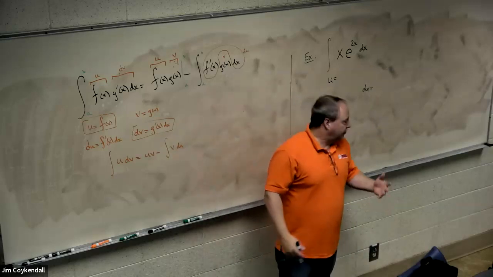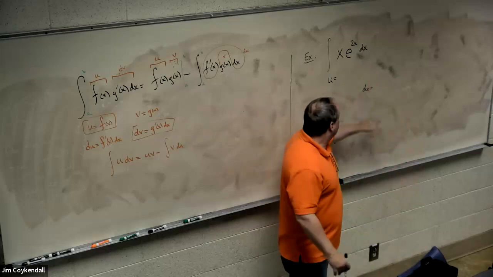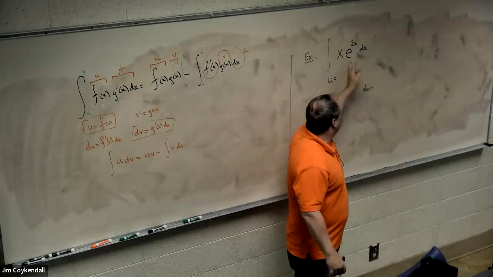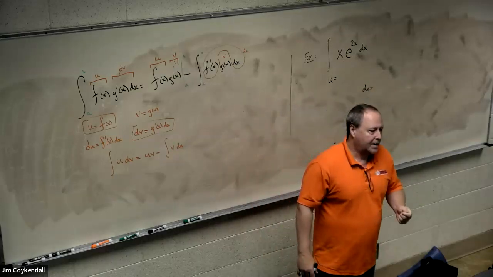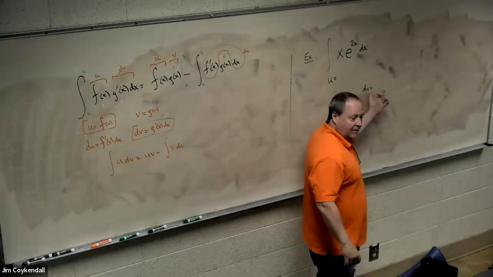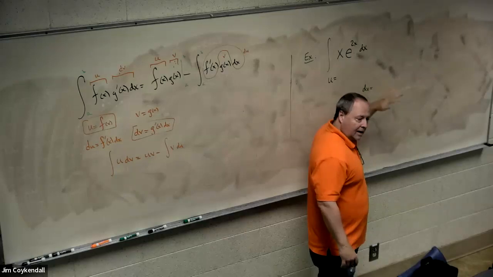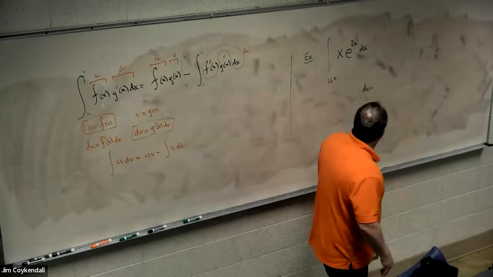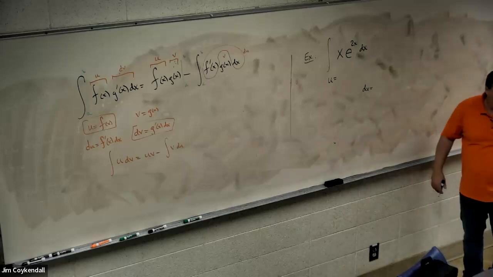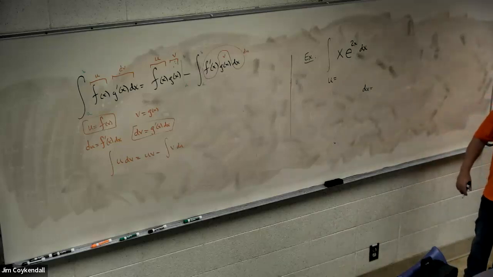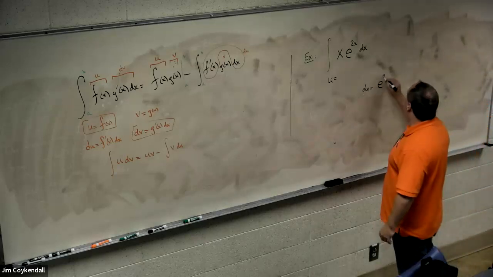When we think about parts, there are only so many parts to pick. I could pick dv as x dx or e to the 2x dx. Here is my good rule of thumb. For my dv part, what I've got to integrate, I pick the biggest, ugliest piece that I can integrate sort of in my head. What's the most complicated piece of this that you can integrate? The e to the 2x.